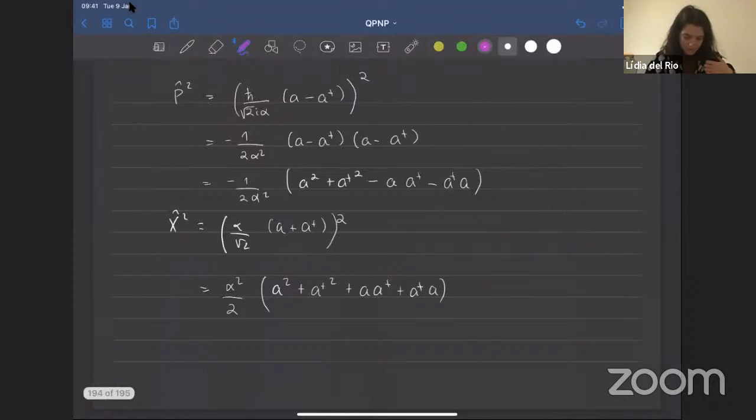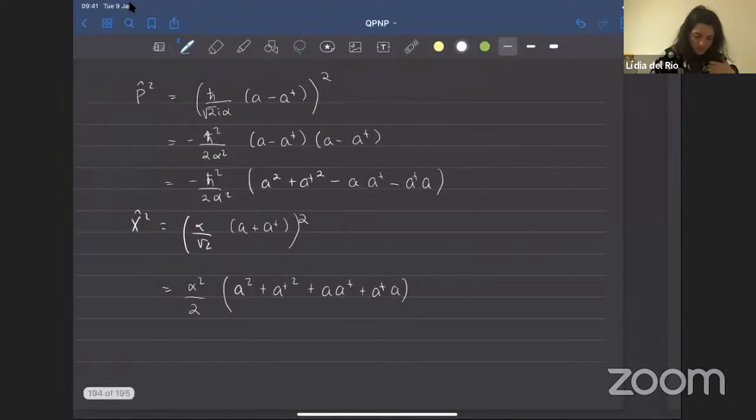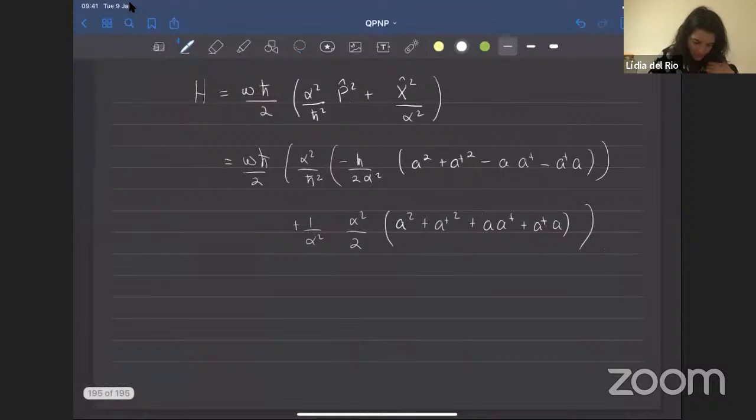Wait a moment. Where's the h bar? Ah, we missed the h bar. Here's the h bar squared. I forgot about h bar squared. Good. We needed it because we needed to cancel the other h bar. We need the alpha squared to cancel the alpha squared, alpha squared, alpha squared.